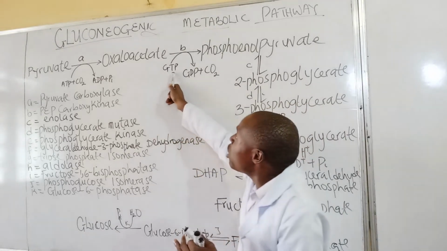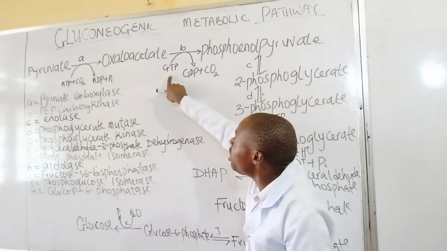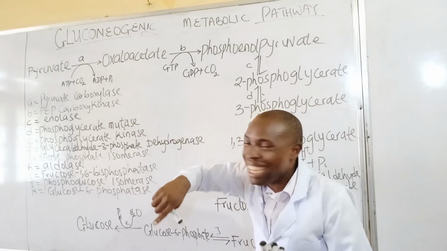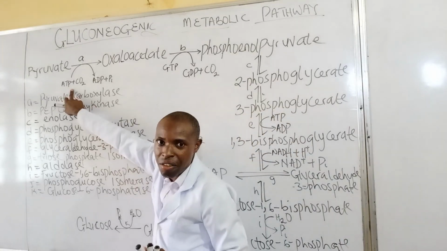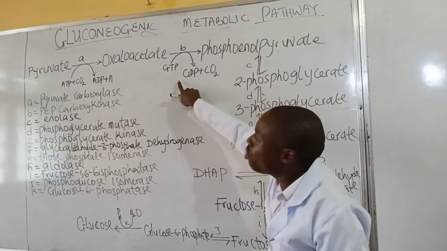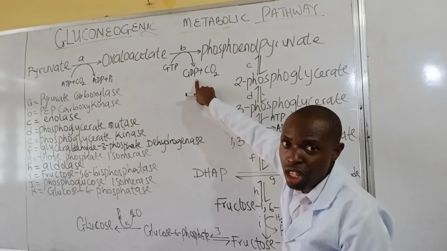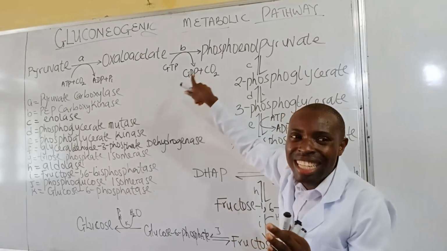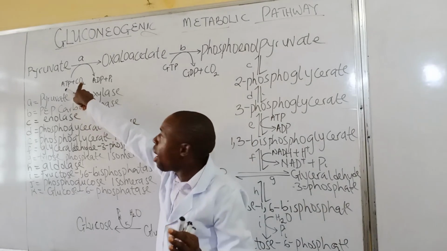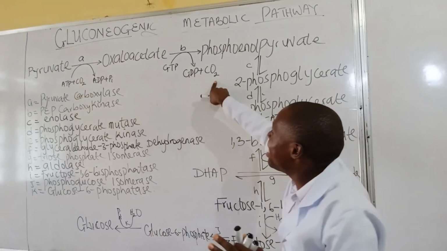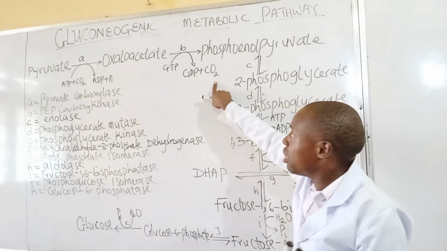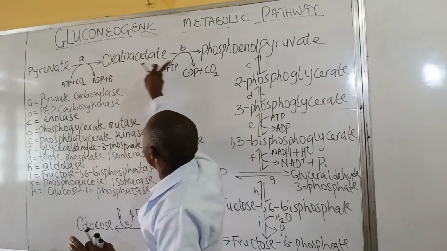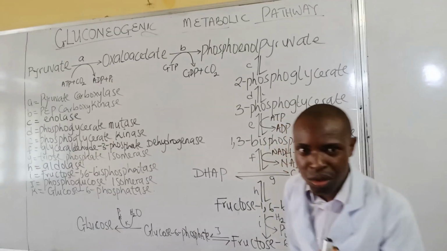Please take note that this GTP is equivalent to ATP. When that is done, GDP is released, and the carbon dioxide which initially entered in the first step is given out. Take note, these 2 steps are irreversible.